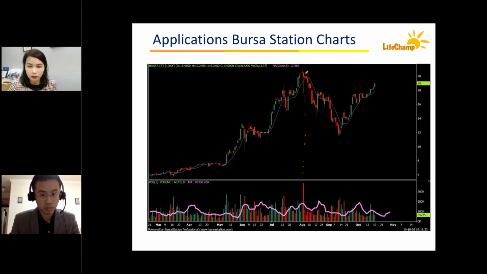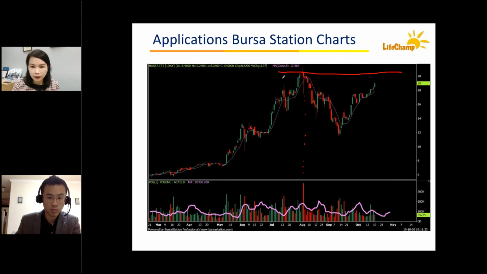What you can do is look at the real body here, and use a horizontal support and resistance line. You draw the horizontal trend across, and the real body is here. The tail you don't draw, you just draw the real body.